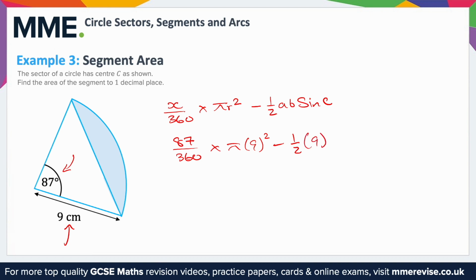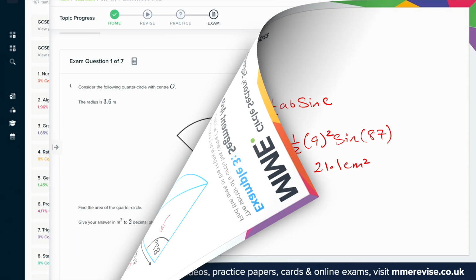So it's going to end up being half times 9 squared times sine of 87. And then you can just stick all of this in your calculator, and to one decimal place, this will give you 21.1. And remember, this is an area, so it will be in centimetres squared.